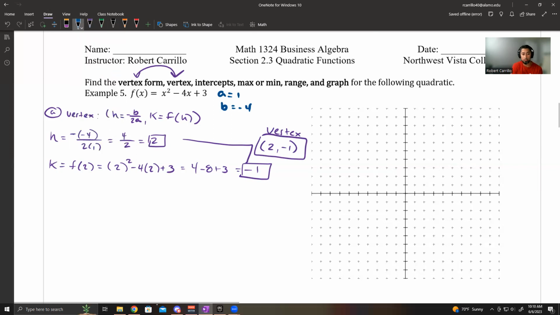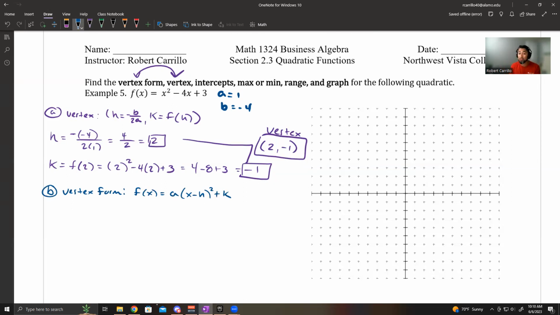All right, so we'll say B, vertex form, which is f of x equals a times (x minus h) squared plus k.